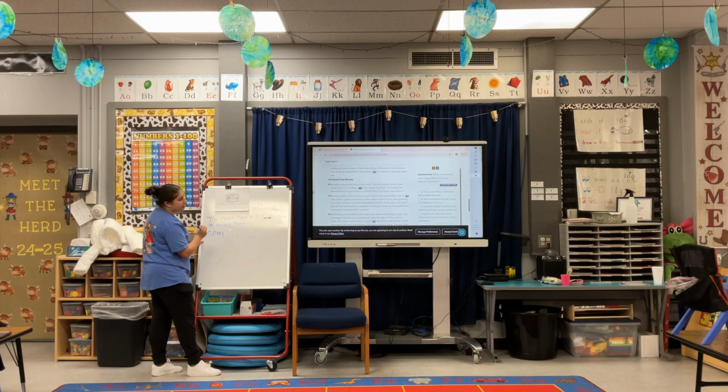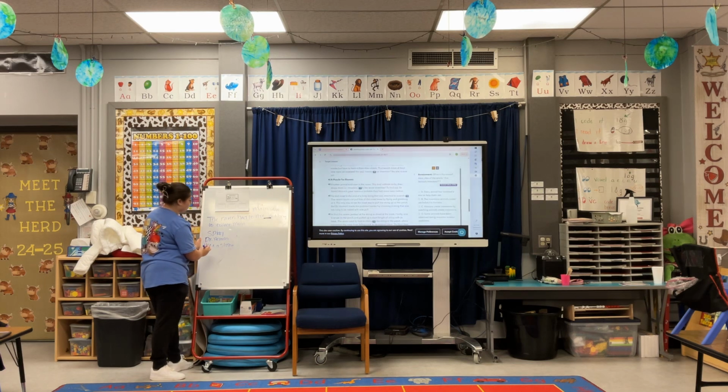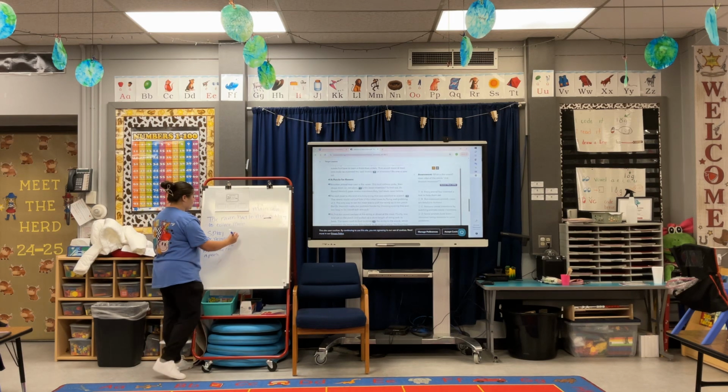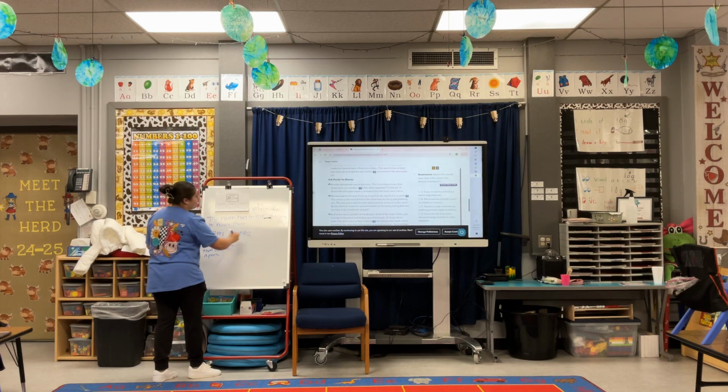Detail could be that Dr. Heinrich tied the string on a perch. Detail number 2.